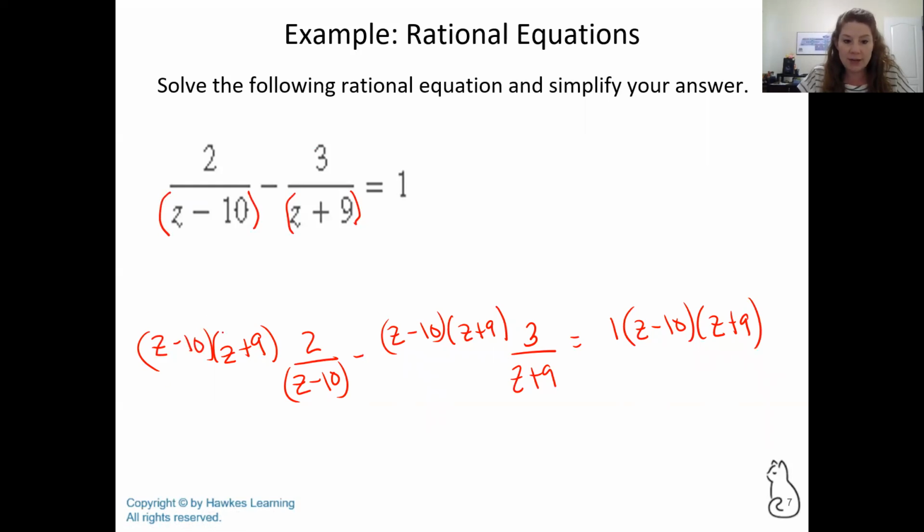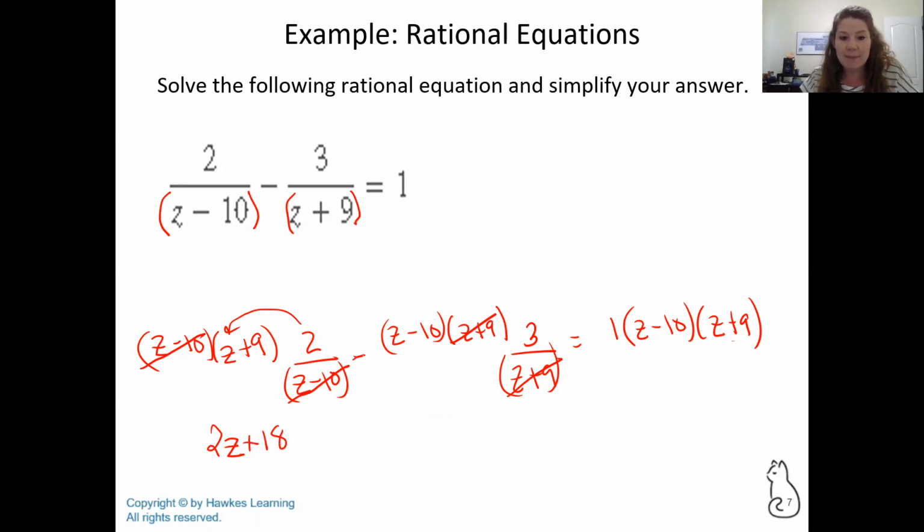All right, so right here, my very first term, I see that z minus 10 cancels. This second one, z plus 9 cancels. And then 1 times all of this is just all of this, right? So I'm going to use the distributive property. So I get 2z plus 18.